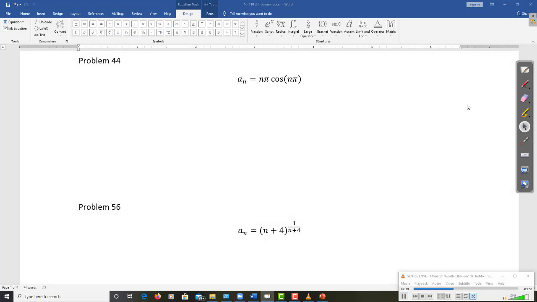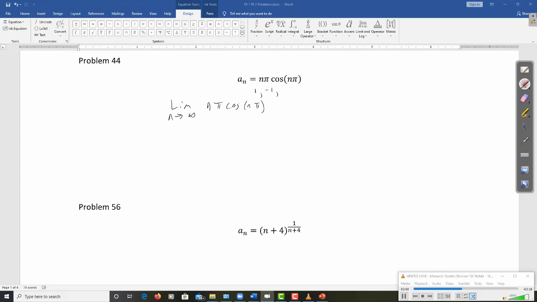Let's look at this one. We look at the limit as n goes to infinity of this baby: n pi cosine of n pi. Well, the thing about this one is this oscillates infinitely between, I guess we could even be specific, at 0 it's 1, at pi it's negative 1.